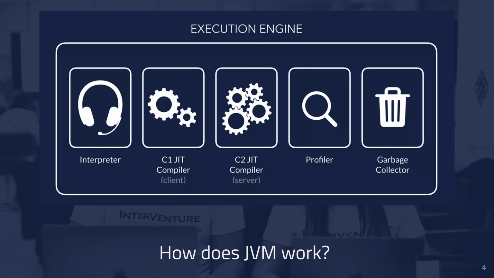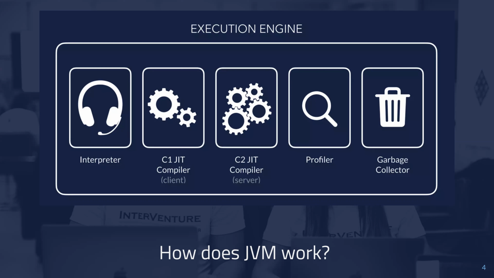Then another important component is the profiler, which constantly profiles and monitors how our code gets executed, and then tries to identify some hotspots, so code or methods that are frequently called and executed, and then passes it on to one of these just-in-time compilers. There are two, C1 and C2, previously known as the client and the server.